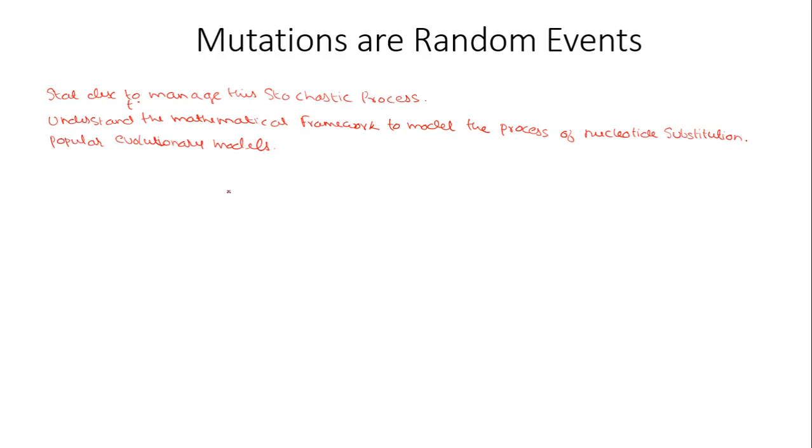Okay, so now I hope you understand that since mutations are considered random events, we would need to have some statistical description to manage this stochastic process. We will of course need a mathematical description to implement the concept of mutation as a random event in any algorithm, right? So this is what I want to convey from this slide.